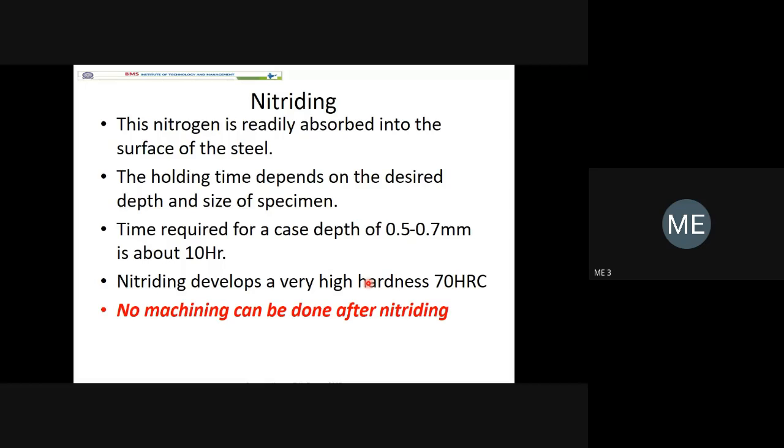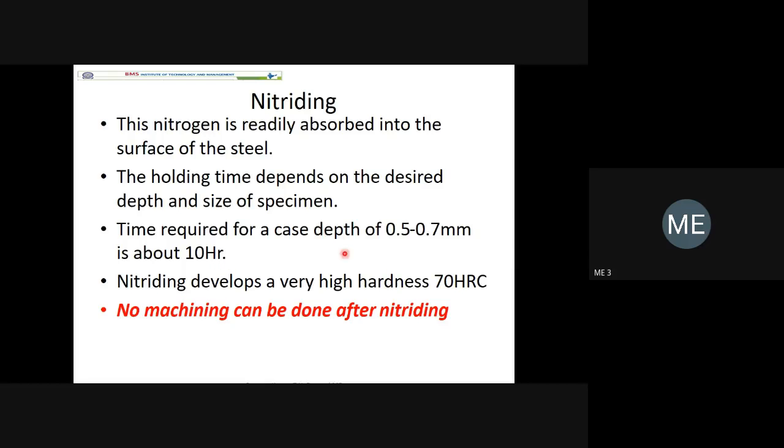So again, you have to imagine the time required for case depth. Suppose we want to diffuse the nitrogen atoms to a depth of around 0.5 to 0.7 mm. How much time is required? It is almost around 10 hours. Diffusing nitrogen atoms into the surface of the specimen to a depth of 0.5 to 0.7 mm requires around 10 hours.